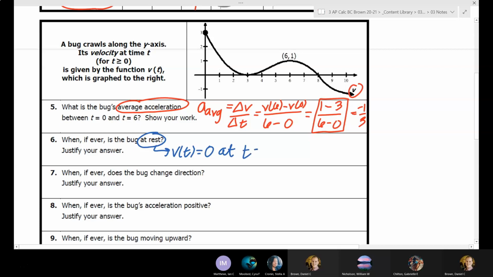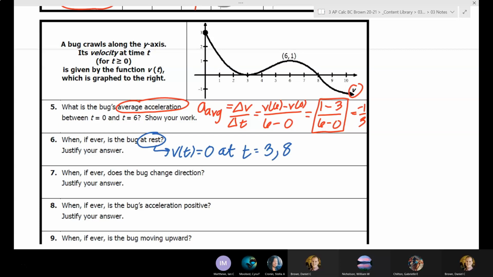It's equal to 0 at 3 and 8. Again, when I say at rest in a math class, it doesn't mean like the bug is taking a nap and just sitting by the side of the road. It's just briefly paused in its movement across the y-axis. So it is at rest, basically when the derivative is 0, at 3 and 8.